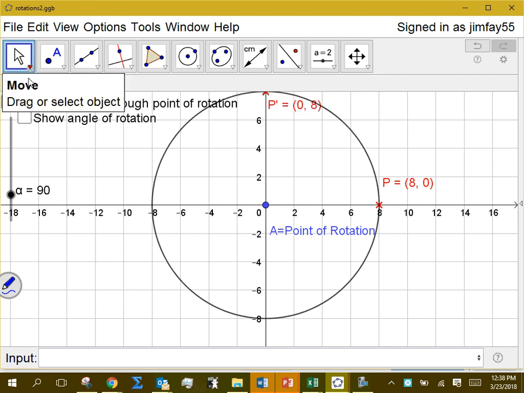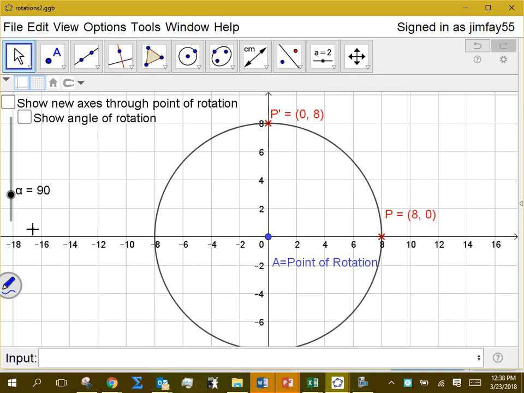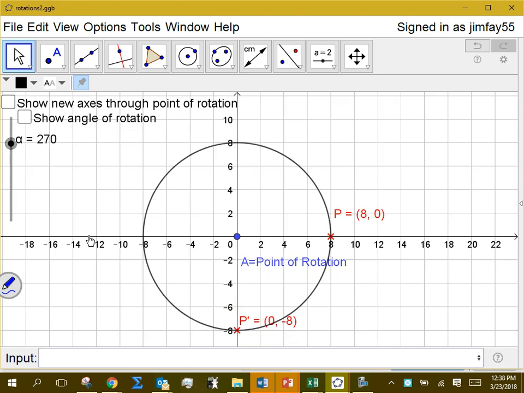Does that make sense? And then if we keep going, 180 degrees is going to be right there. And then how far would that be down here? I know you can't see it. About 270. And then getting back to itself would be 360. So that's what we're going through here.